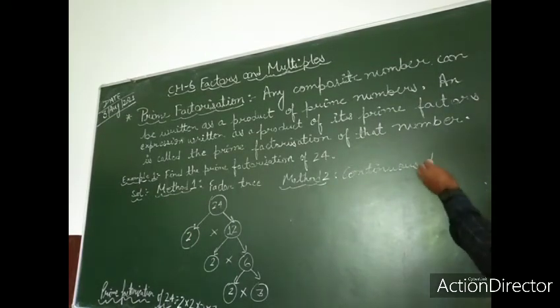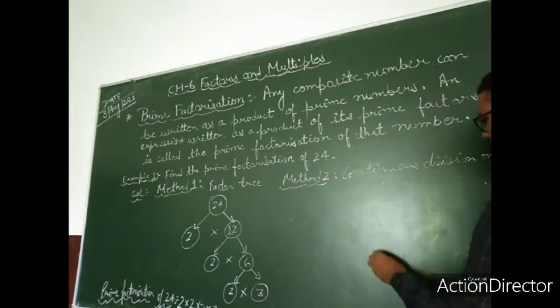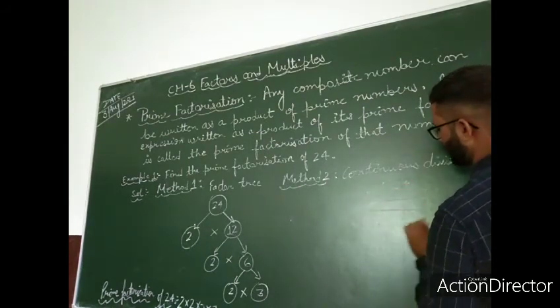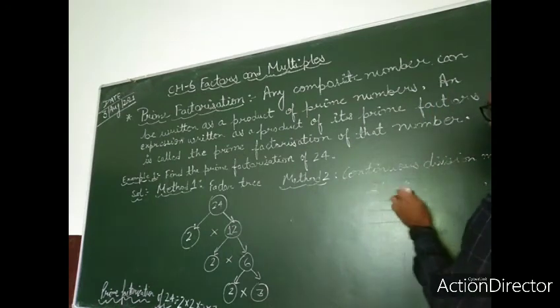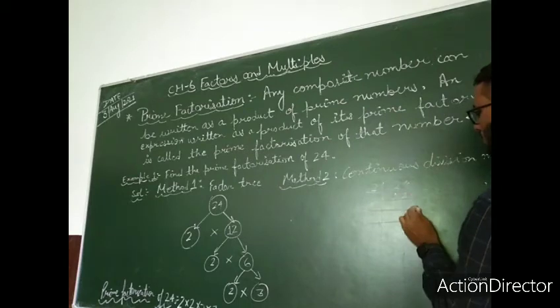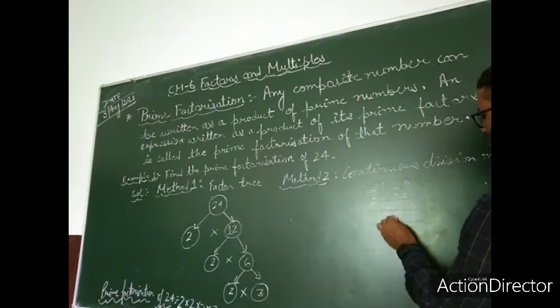Here we find the prime factorization of 24. First we divide this number by 2 because 24 is divisible by 2. 2 twelves are 24. Now again by 2, 2 sixes are 12, again by 2, 2 threes are 6.